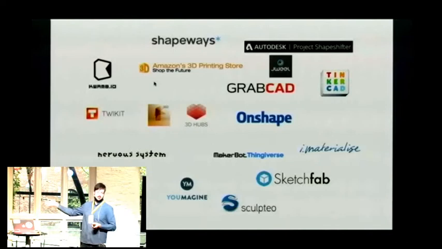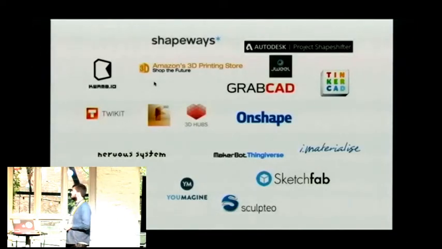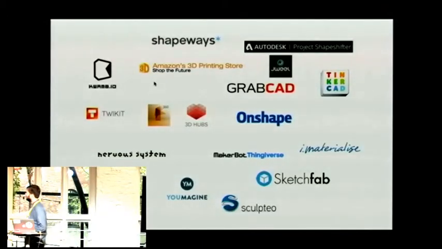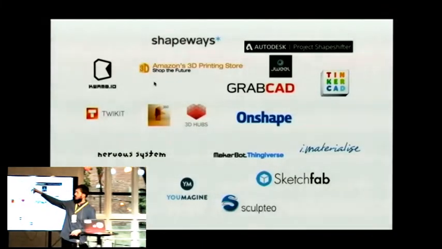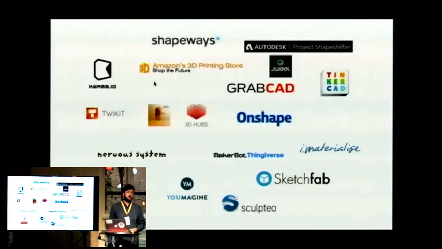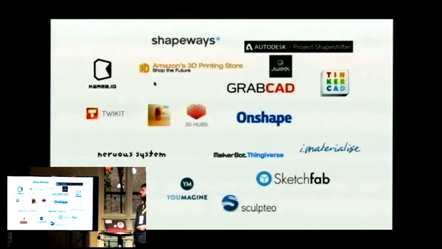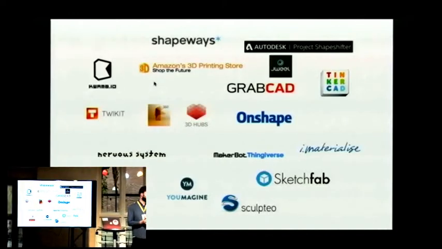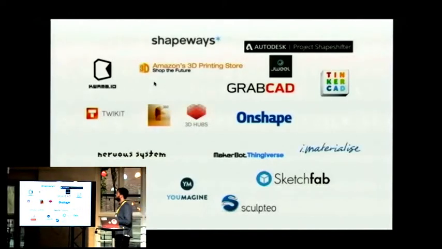And there are some that offer this. This is an overview of some of the services that exist. So I'm just going to go through what they all are. Shapeways is a 3D print provider where you can upload any kind of model and you can buy a golden ring, a silver ring, or whatever.